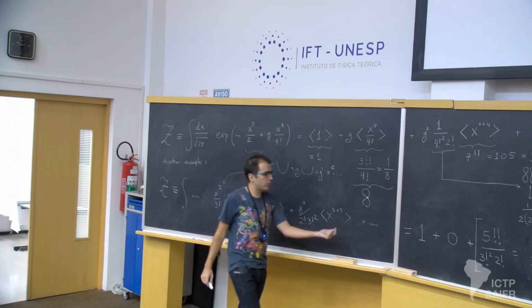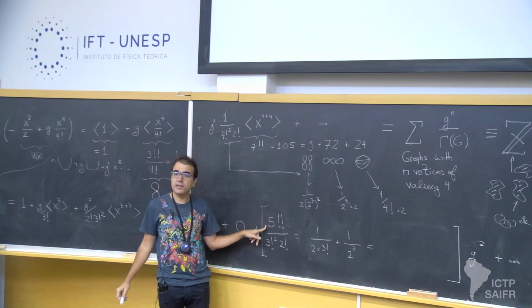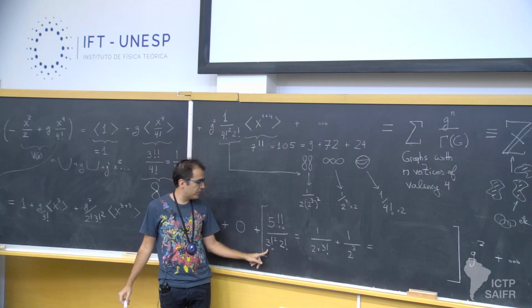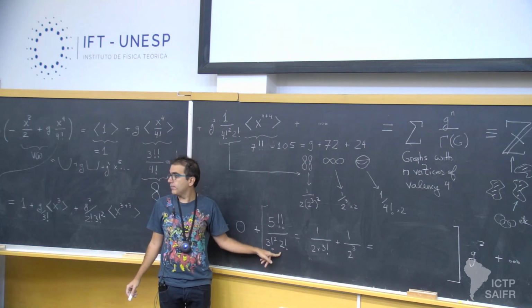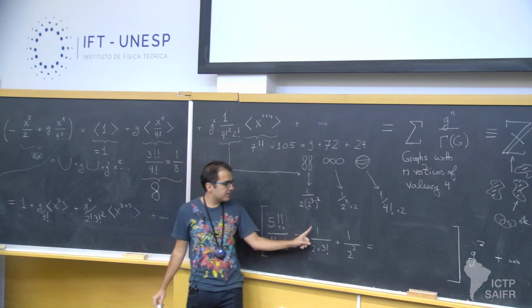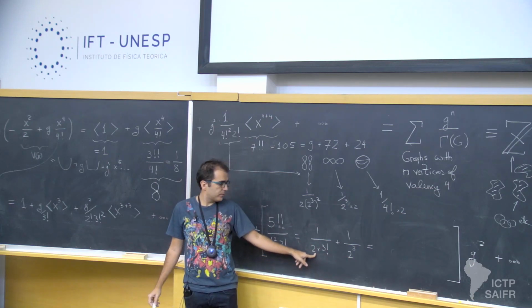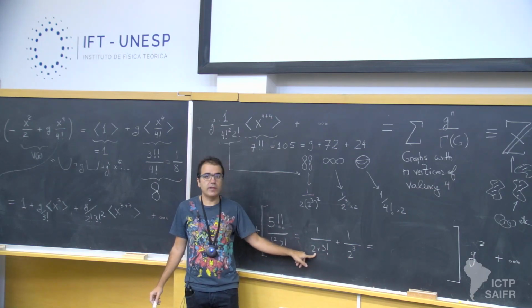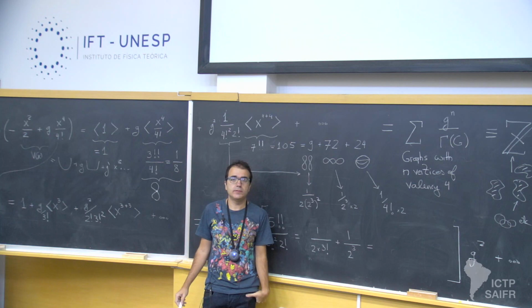So we start to get 1 plus 0, then the average of x to the 6, which is 5 double factorial over 3 factorial squared, 2 factorial, right? Is this clear? And now I'm telling you that this number is the same as 1 over 8 plus 1 over 12. Okay? So can you guess which graphs would correspond to these two?